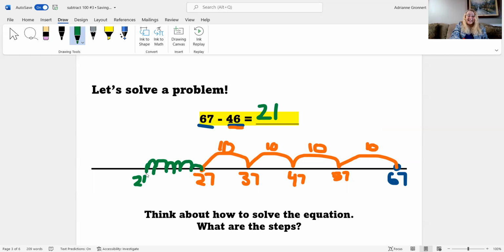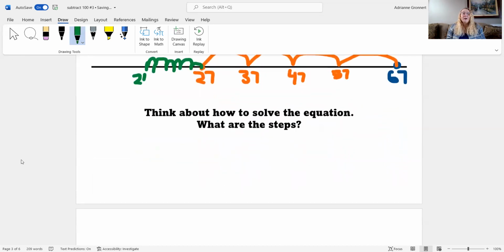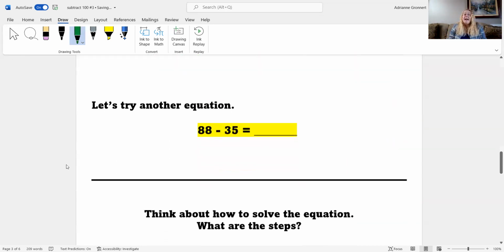Okay, are you ready to go on? Let's solve another problem. Okay, here we go. 88 take away 35. Yeah, I need to draw a number line to get that started. So that's what I'm going to do first. And then I'll write the equation. 88 take away 35. Okay, now I can think about what's my first step to solve this problem.